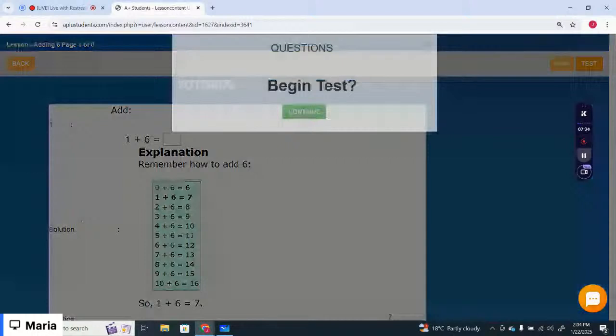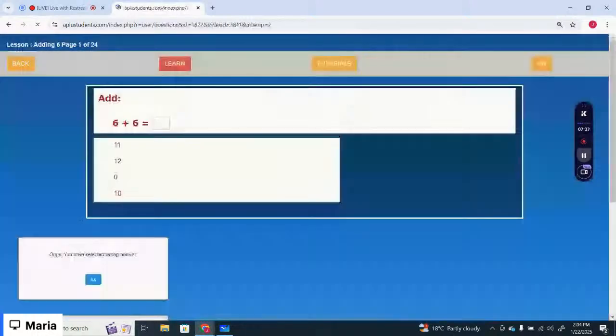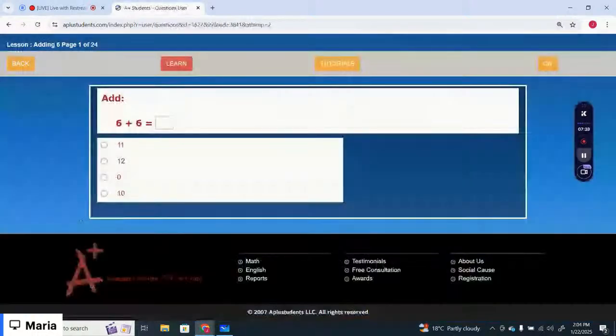Let's just start with the test question. So basically, you already know how to add, just the numbers are different. The concept is exactly the same. You need to add 6 plus 6. So which is the correct option?